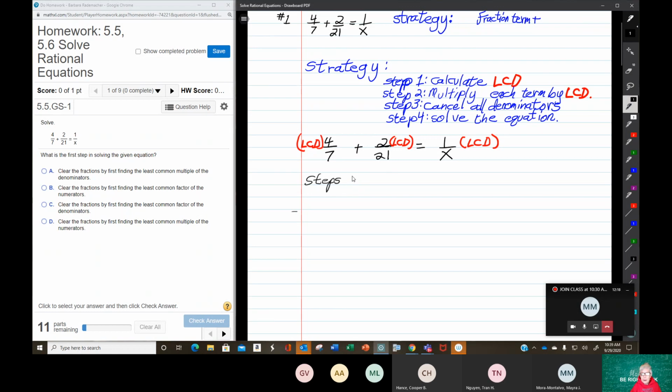Okay, so steps to calculating an LCD. Okay, step 1. Put each denominator next to each other and separate them by a comma.